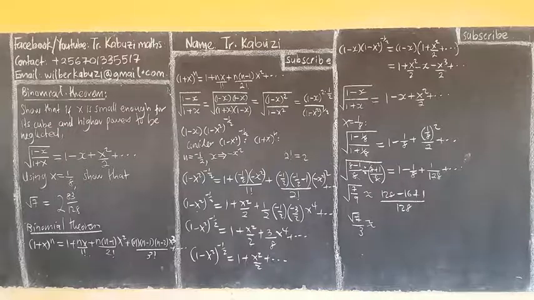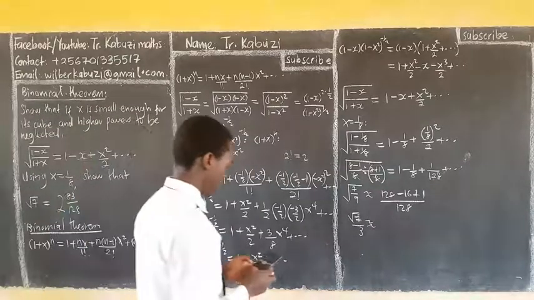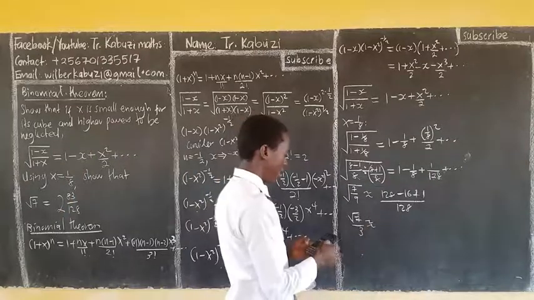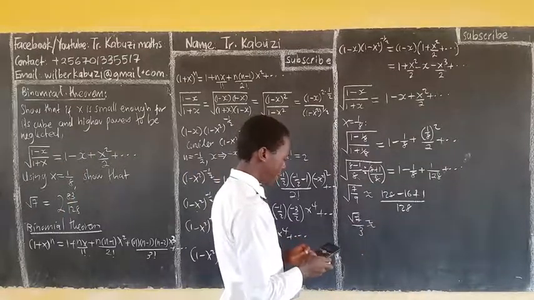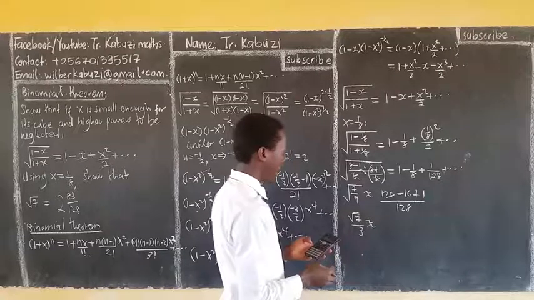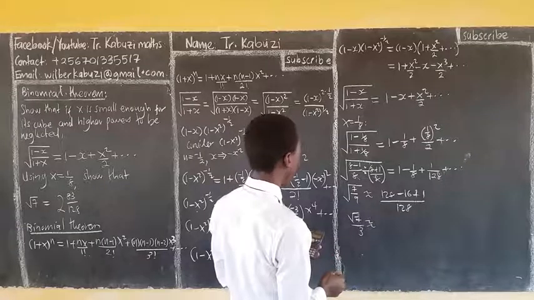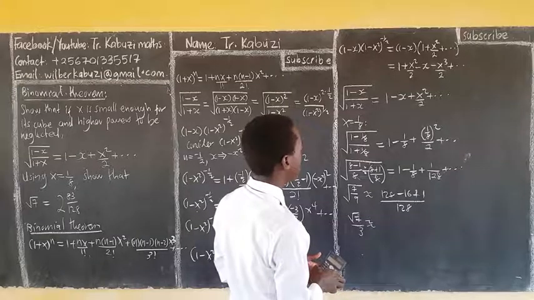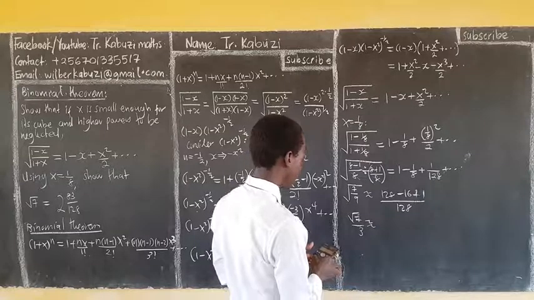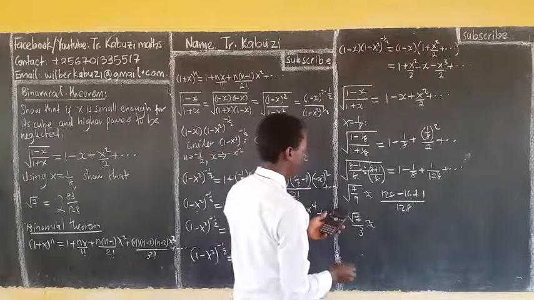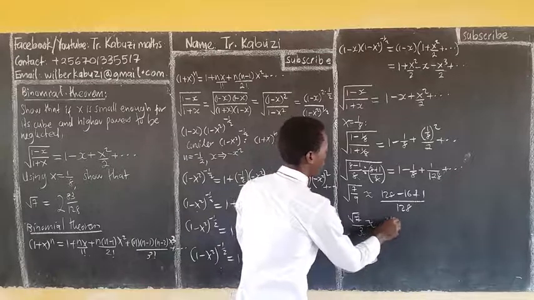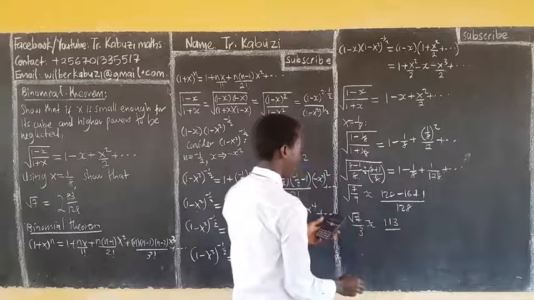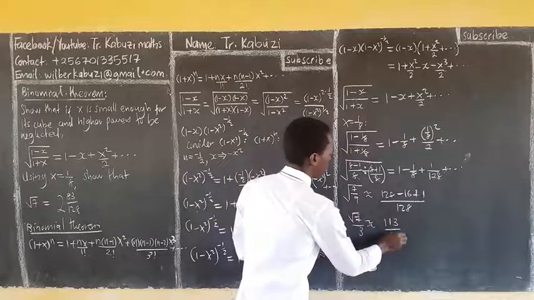Now let me sum up that for you. So you get 128 plus 1, then minus 16. The answer we get here is 113 over 128.